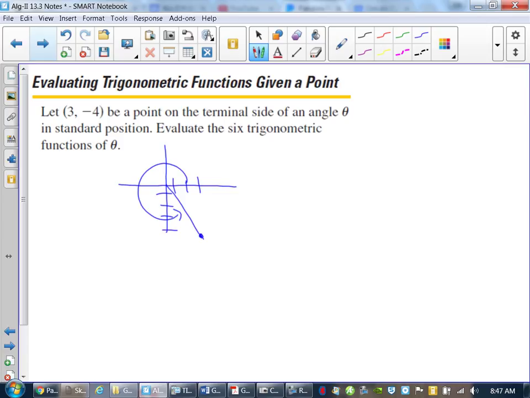The 6 trig functions, which means we have to figure out what the radius is. When I draw this in, I have 3, -4, and then the radius is going to be 5. It's just a matter of listing it out.